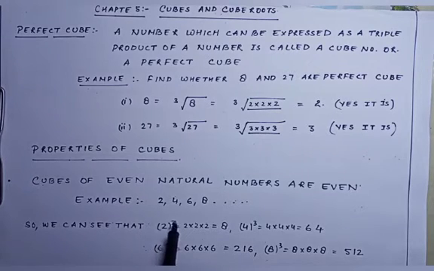Like 2 to the power 3 can be expressed as 2 into 2 into 2 is equal to 8. 4 to the power 3 can be expressed as 4 into 4 into 4 is equal to 64. 6 to the power 3 can be expressed as 6 into 6 into 6, that is 216, which is an even number. 8 to the power 3 can be expressed as 8 into 8 into 8, that is 512, so it is also an even number.